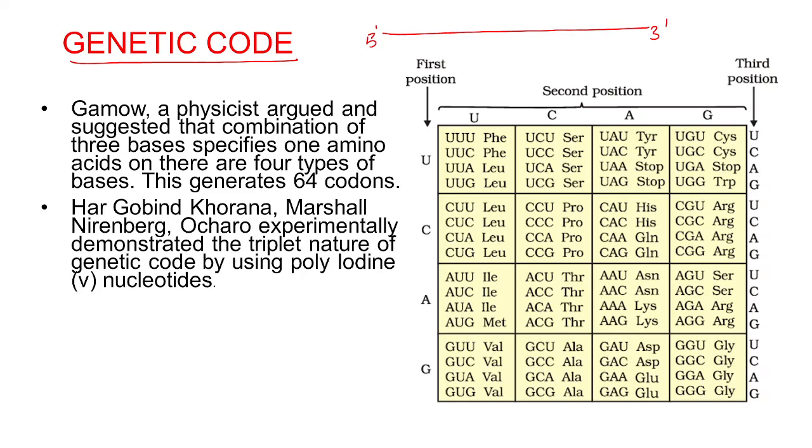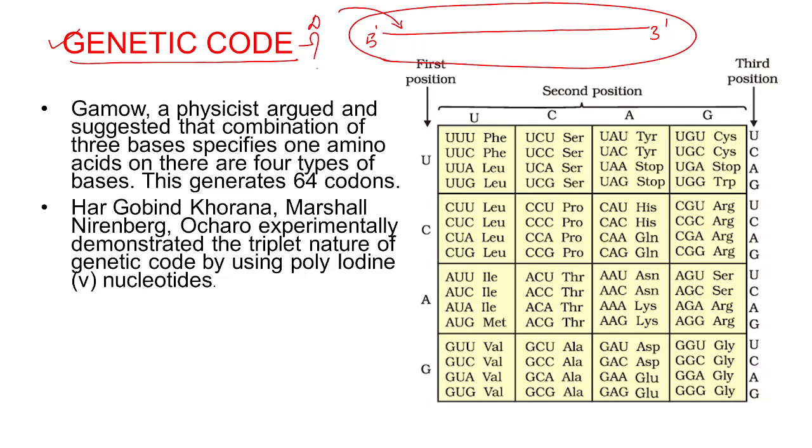Then coming to the next part, that is genetic code. What exactly is meant by genetic code? Do remember that the mRNA formed by transcription will be carrying the genetic information copied from the DNA.